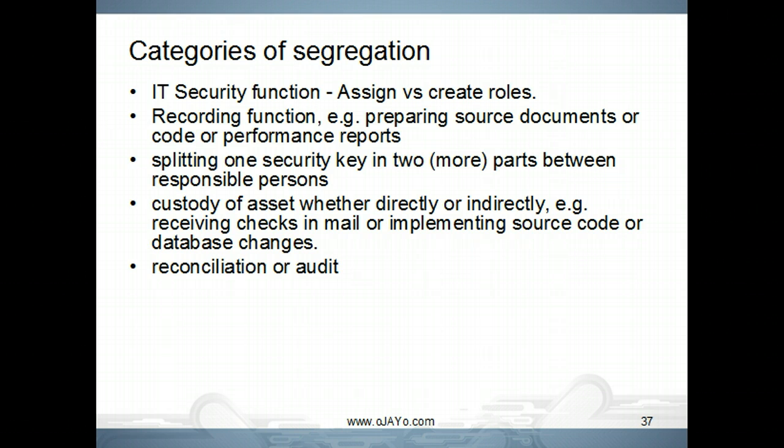Then there is splitting a security key into two parts between responsible persons. Another category of segregation is custody of asset, whether directly or indirectly. Example, receiving checks in mail or implementing source code or databases changes. And another category example is reconciliation of or audit.